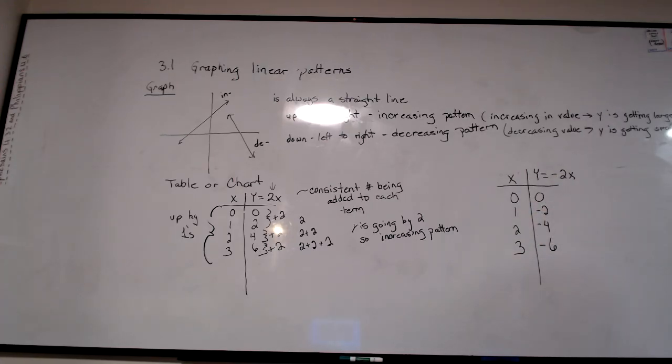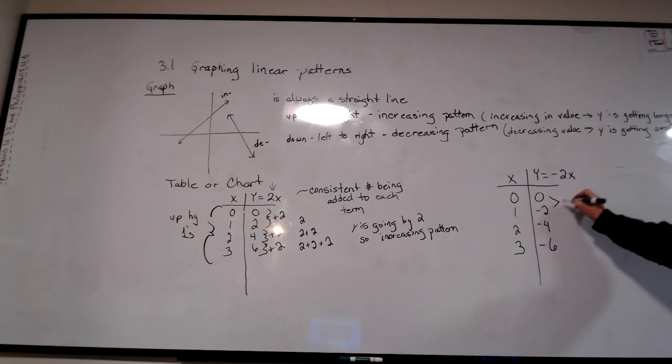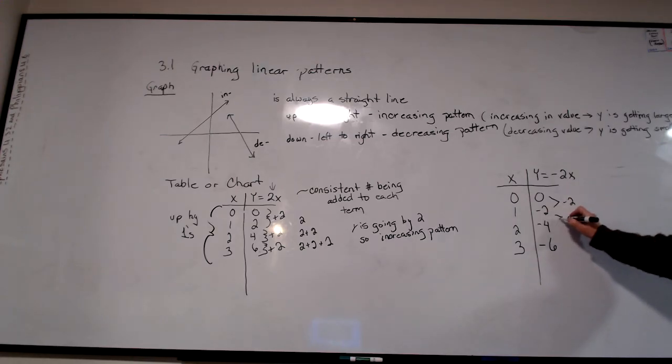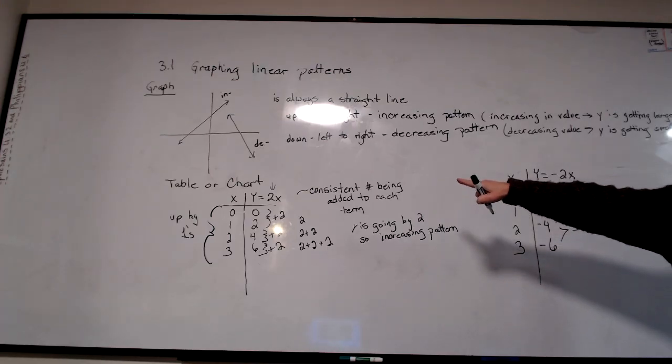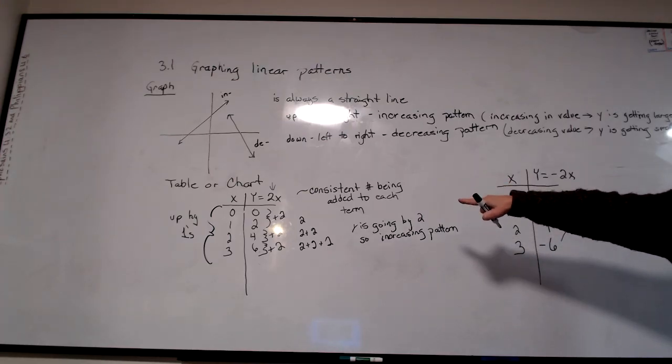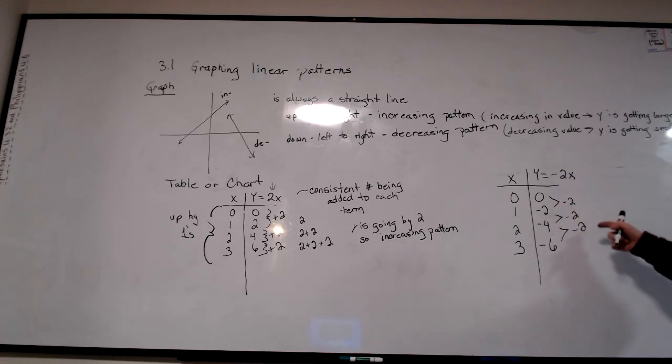What's the difference? It's decreasing, not increasing. So what are we adding each time? We're adding a negative 2, which means you're subtracting 2. But because I defined it as a consistent number being added to each term, we are consistently adding a negative 2. Okay?